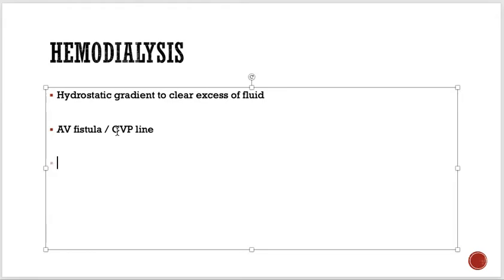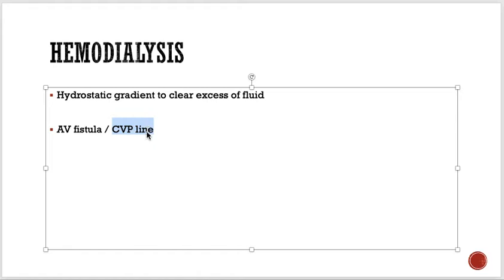If someone is going toward ESRD, or end-stage renal disease, we ask the patient to go to the surgeons and make a fistula beforehand, because it needs some time to mature. Why? Because if we use, for example, a CVP line, there is increased risk of infections through the CVP line. For example, infective endocarditis can occur. By the way, with dialysis, there can be infective endocarditis.